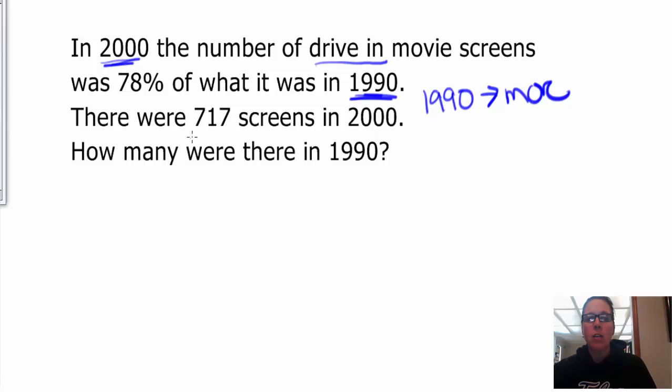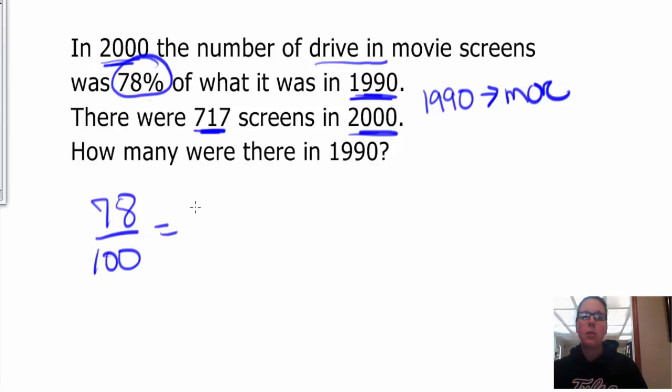There were 717 in 2000. How many were in 1990? So we know without anything that 78 is going to be over 100 because that's our percentage right here. Now we have to decide which is our part and which is our whole. It says 78% of what it was in 1990, so 1990 is our whole.